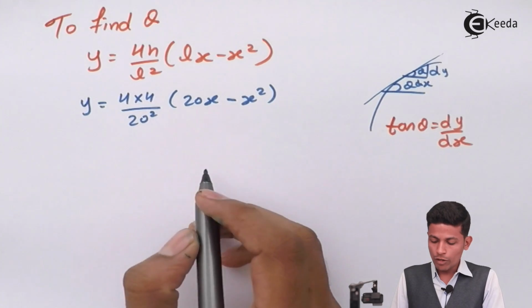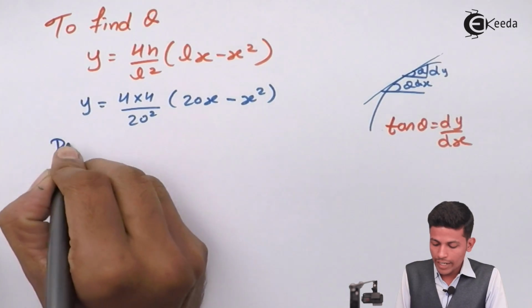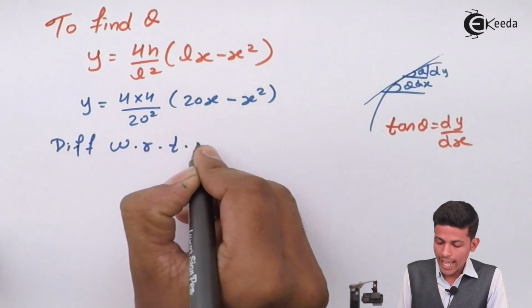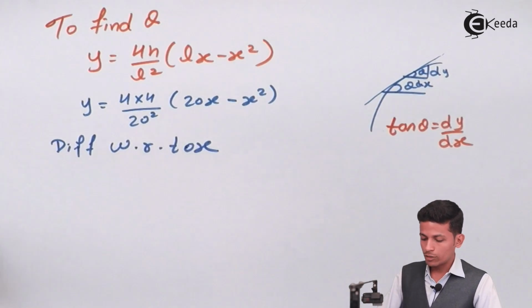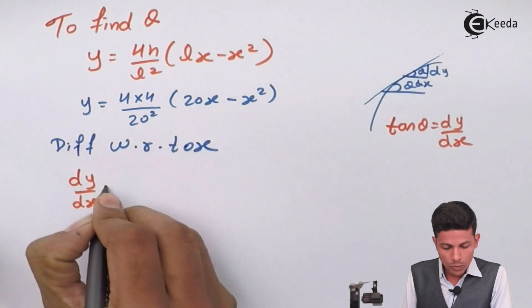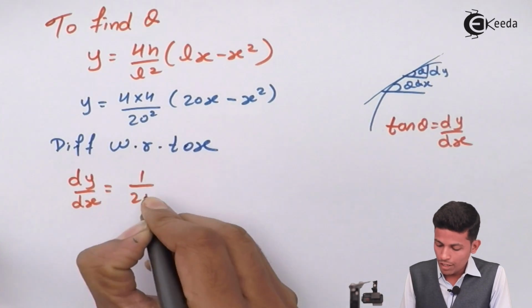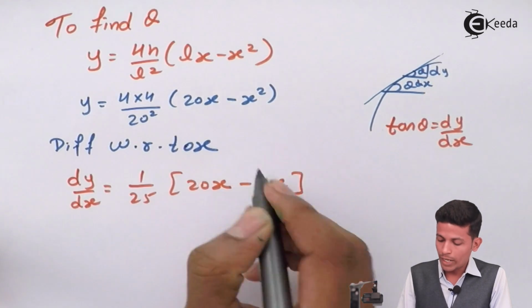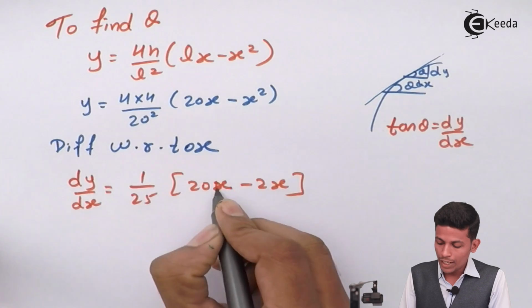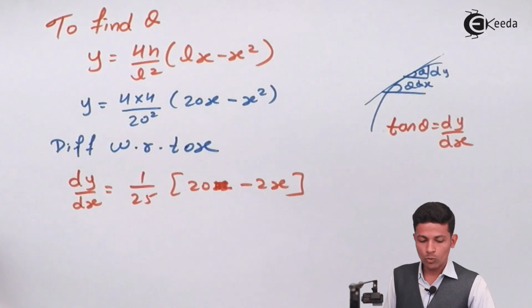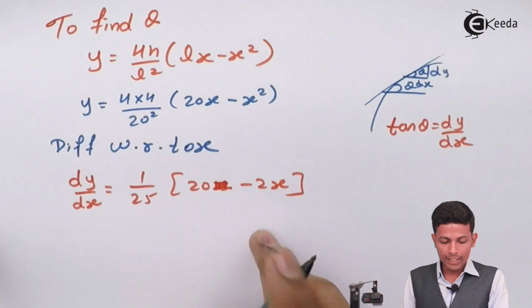After that what you have to do is differentiate with respect to x. So dy by dx is equal to 1 upon 25 into 20 minus 2x.